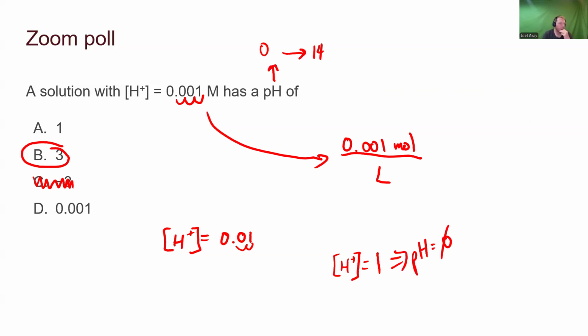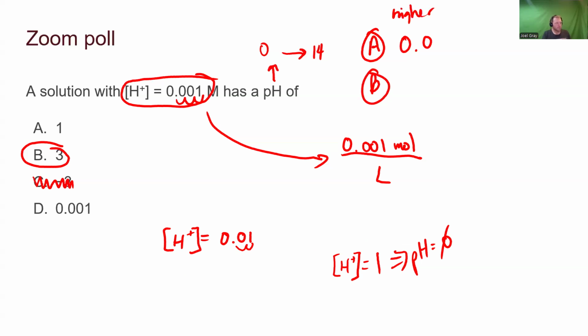Now, the questions that I want you to be able to navigate relate to this. How many decimal places do you move it? Which pH is going to be higher, solution A here or B? Solution A has a concentration of 0.003 and solution B is 0.01.